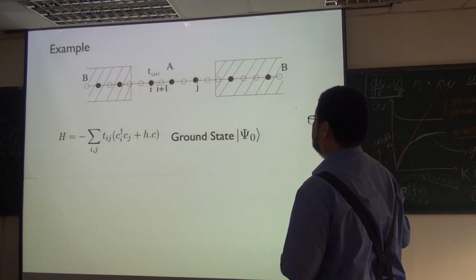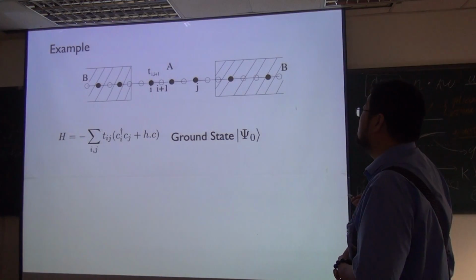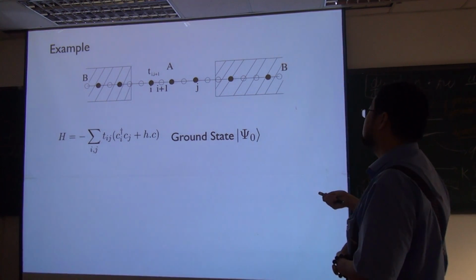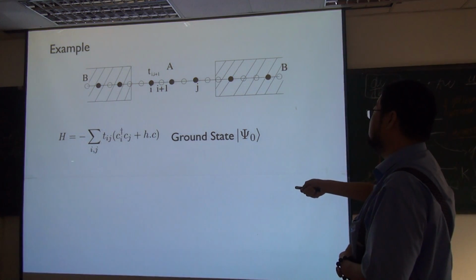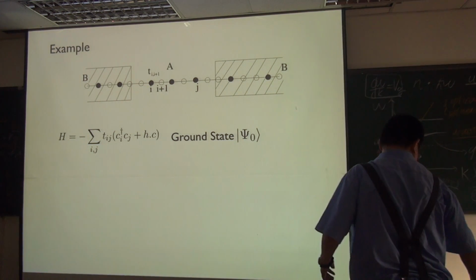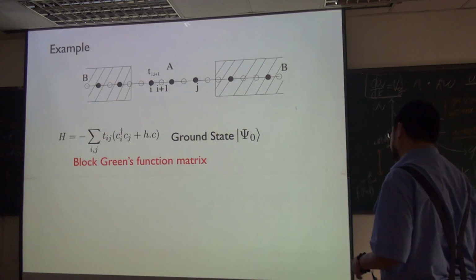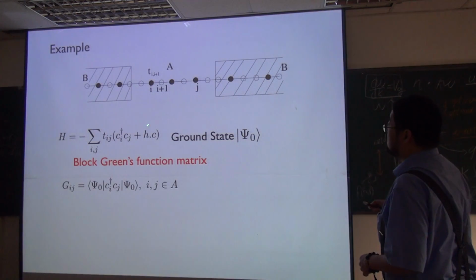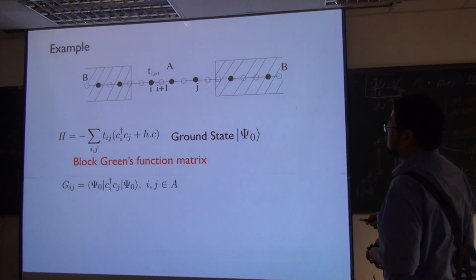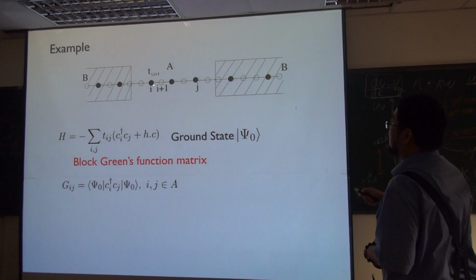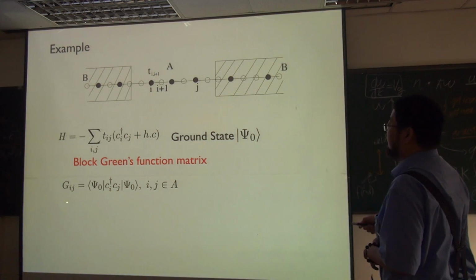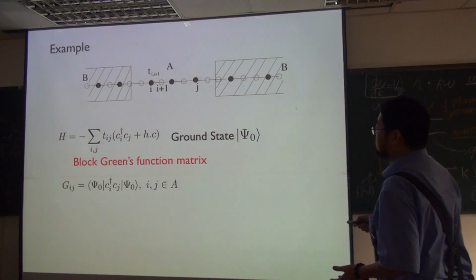Because if you have a fermion, you have the Pauli exclusion principle, so you can still measure some entanglement. So then you have this Hamiltonian. You can obtain the ground state of the whole Hamiltonian, and then you form a Bloch-Green function matrix. Eventually, you just want to calculate the correlation of Ci dagger Cj inside the system, and then you get a Green function, a correlation function.